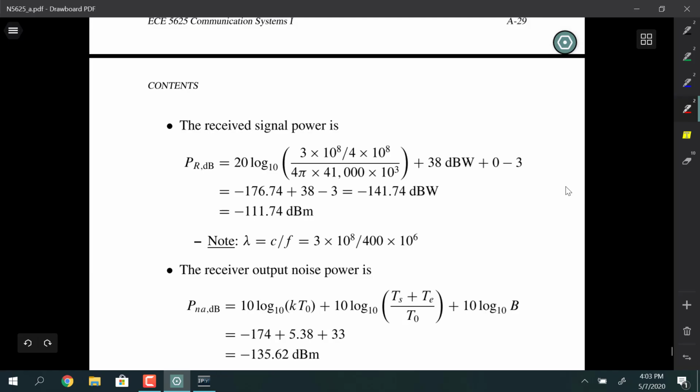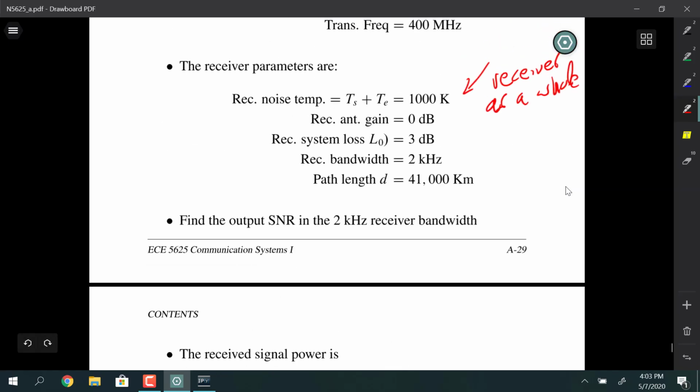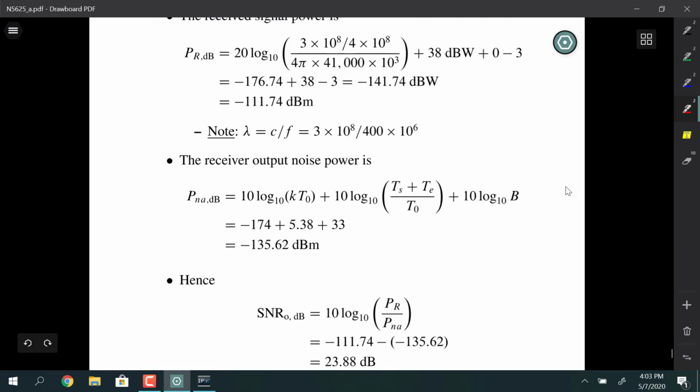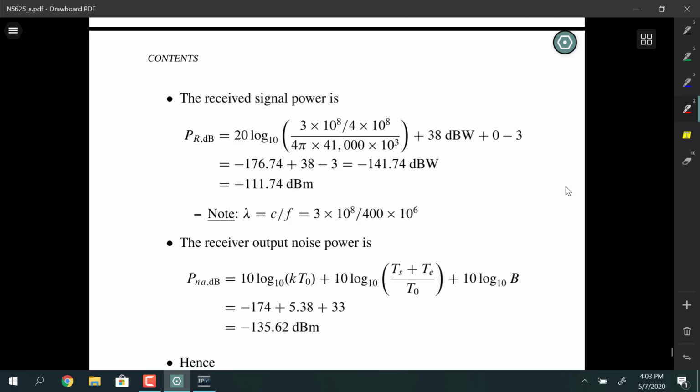So there's two calculations that have to be done. One is to go through the path loss equation to see where all of this EIRP, where does that go in the free space path loss equation. So we plug that in here, all in dB units. We have the EIRP, we have our path loss, our receiver fudge factor.